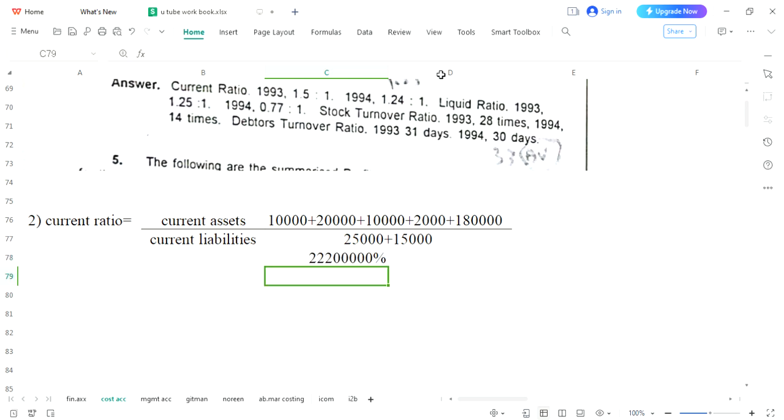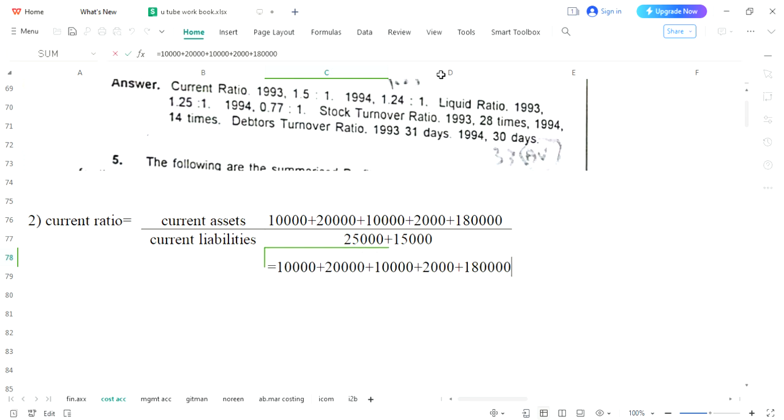So we have sum of current assets. Now let's see what is happening. Why this percentage is coming? Let me check if there is something required. I think this cell is going to be changed.